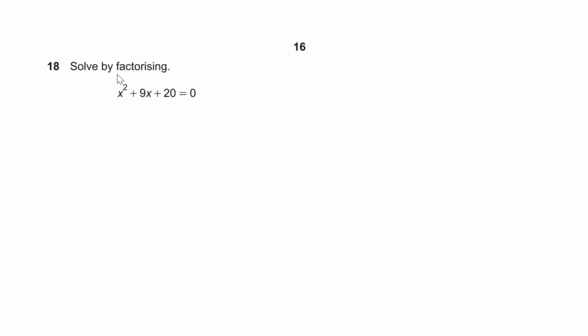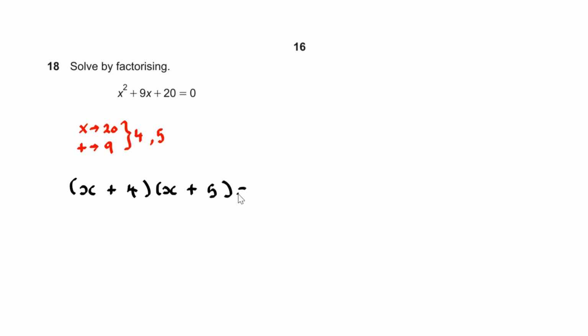Question number 18, we have to solve by factorising x squared plus 9x plus 20 equals 0. Well, what we're after here are two numbers which multiply to give 20 and which add to give 9. What you'd find is those two numbers are 4 and 5. And therefore, when we come to factorise, we'd have x plus 4 lots of x plus 5 equals 0.